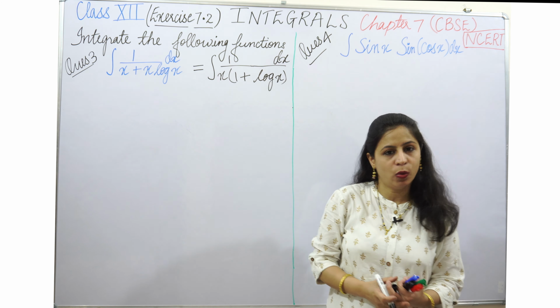Okay. So we need to integrate it with respect to x. Now we need to substitute 1 plus log x to some variable, so that I can easily get 1 upon x dx to be equal to dt, or to some variable differentiation. Okay. So what I will be doing over here, I'll be taking let 1 plus log x to be equal to t.